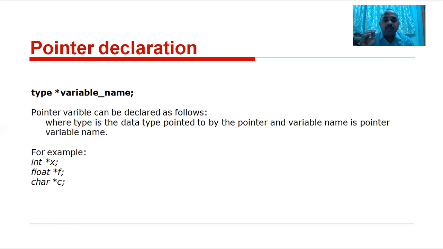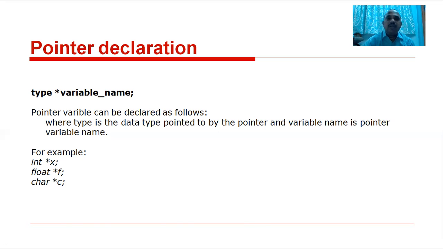A pointer variable is a memory variable that holds the address of another variable. It can store the address of only an integer variable.